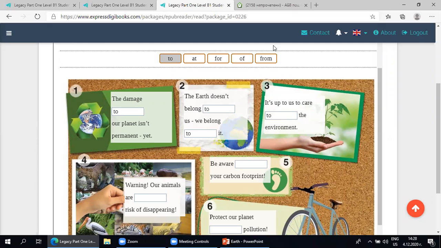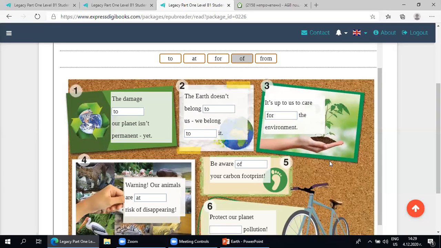Can I read the fourth one? Okay. Yes, next one. Warning, our animals are at risk of disappearing. Okay, that's correct. May I do the next? Yes, please. Be aware of your carbon footprint.